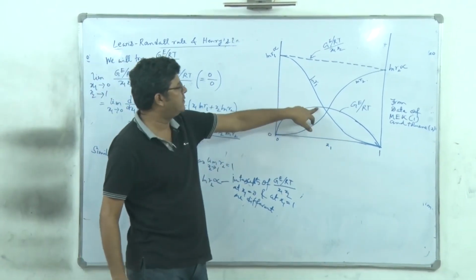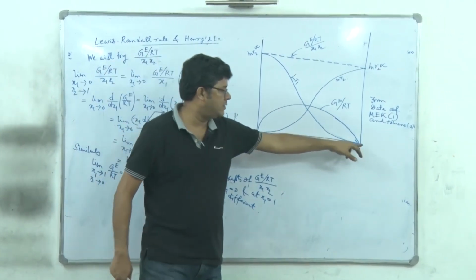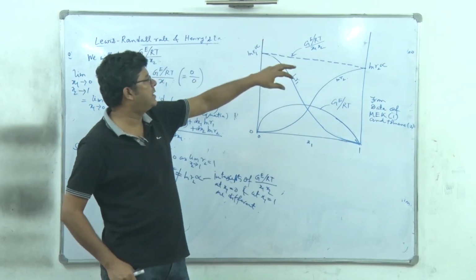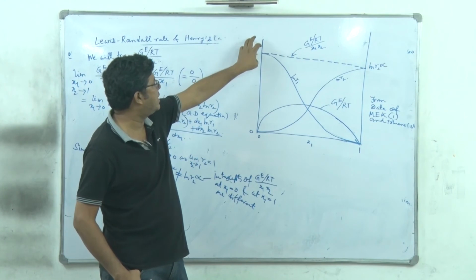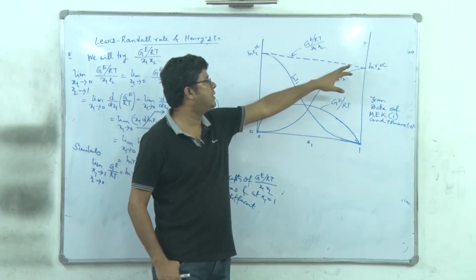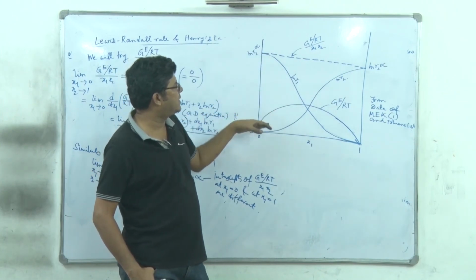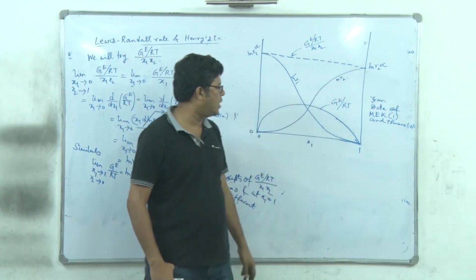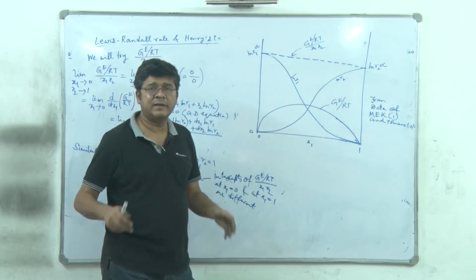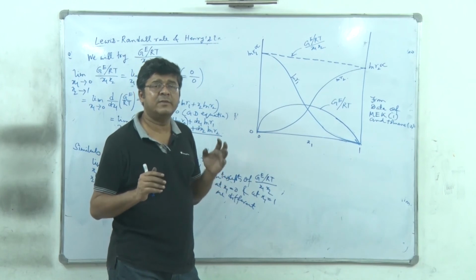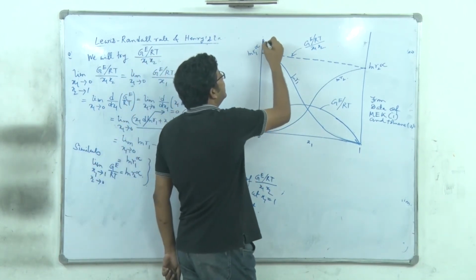Here we see that there is a maximum, with terminal value equal to 0, whereas G by RT divided by x1 x2 does not have the same terminal value. Its terminal values are ln gamma 1 infinity and ln gamma 2 infinity, and that will also be approached by the respective ln gamma 1 and ln gamma 2 curves, right? So G by RT divided by x1 x2 for a wide variety of systems is close to linearity. So actually the plot is something like this.